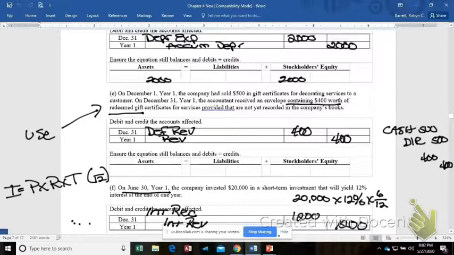We earned 12% interest on a short-term investment. This formula you're going to need to know, and we're going to use it several times. Always over 12: principal times rate times time. 20,000 times 12% times 6/12. They owe us $1,200, and it's an interest receivable.